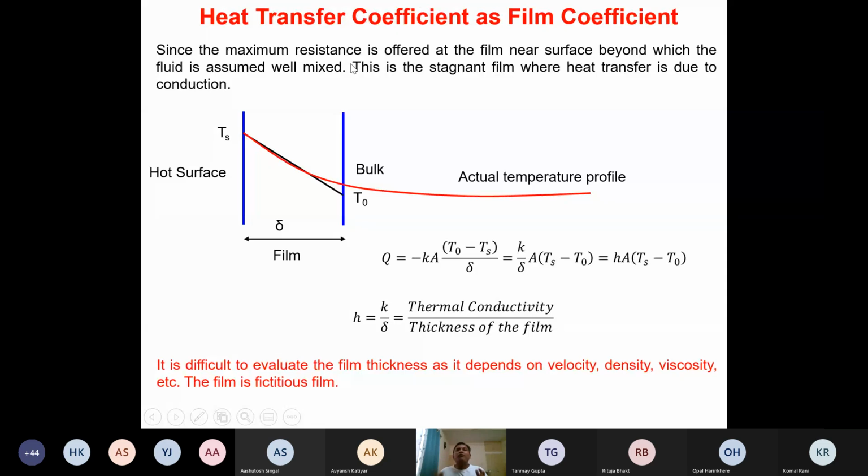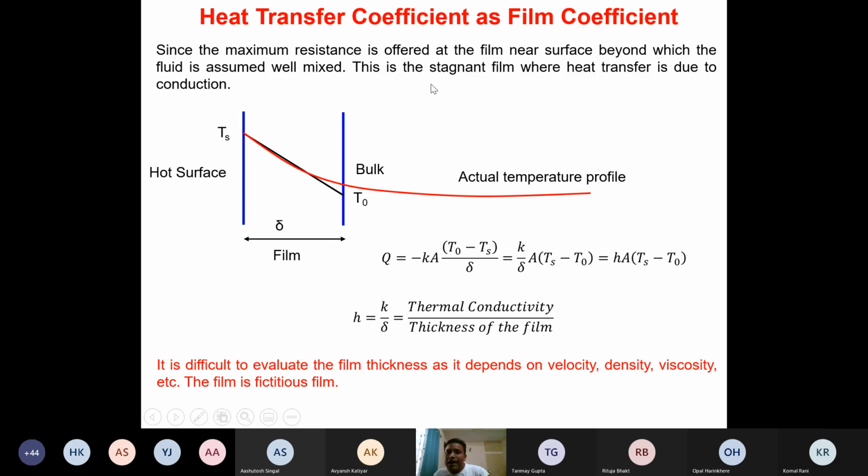Okay. So remember what we said so far in our discussion. When the fluid is flowing over a solid surface, let's say the solid surface is at a higher temperature, it is going to transfer heat from the solid to the liquid.